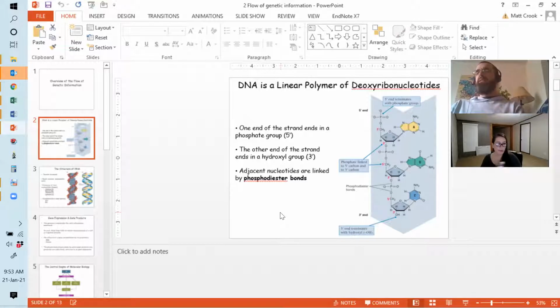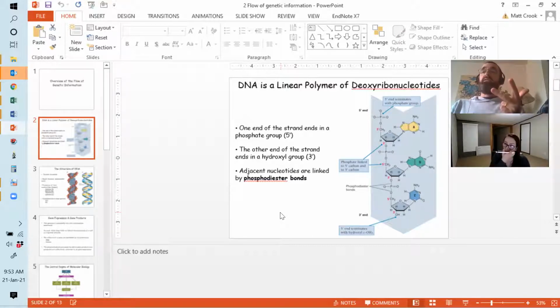So again, this is a fairly straightforward recap of stuff that you either should already know or did know and need a refresher on. But essentially what we need to know about DNA is how it is made up, what its properties are, and what its structure is.